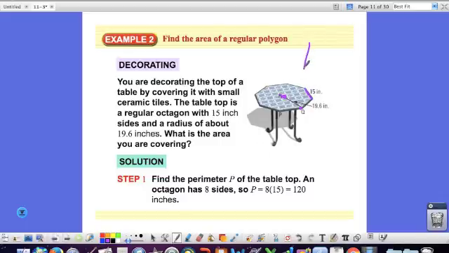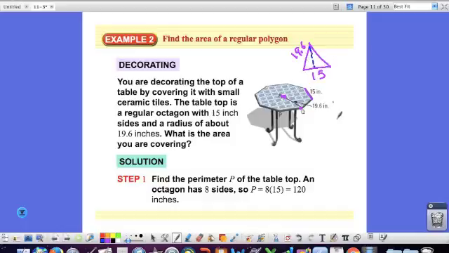So basically, if you can picture this, since this is an octagon, I'm going to have 8 triangles. This side length is 19.6. The base is 15. I need to find the height, I want this in blue, or the apothem.